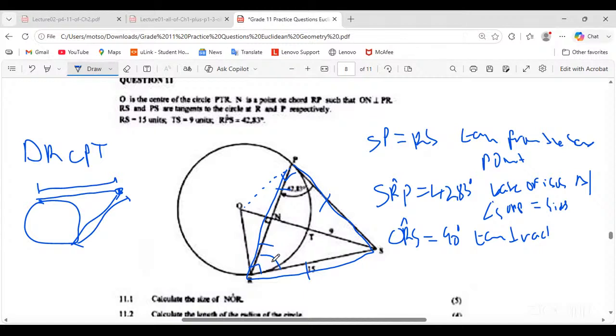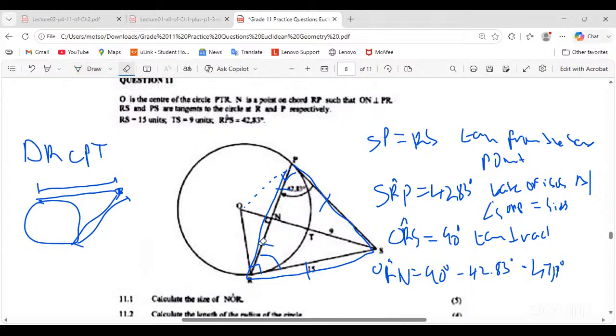We will say 90 minus this one. So angle ORN is equal to 90 degrees minus 42.83 degrees. I get 47.17 degrees, right? For this part.